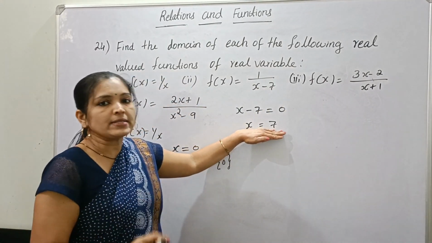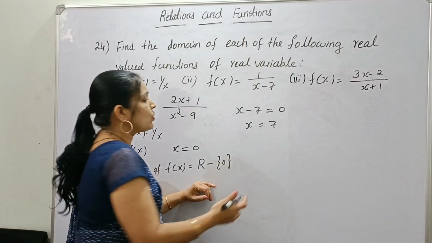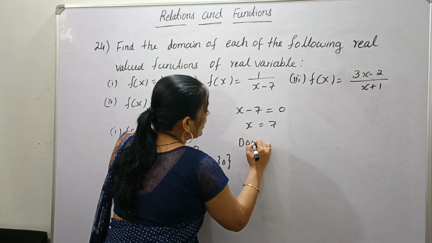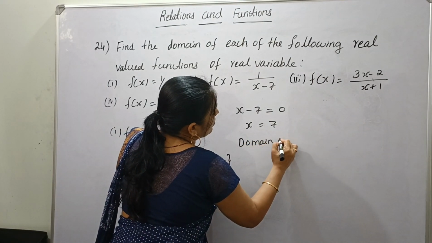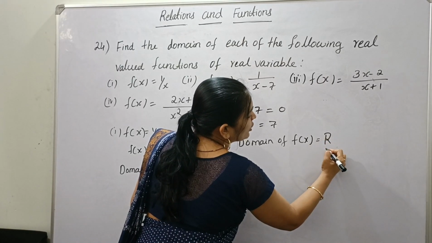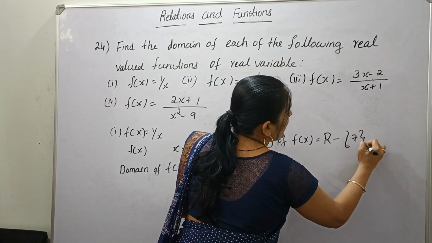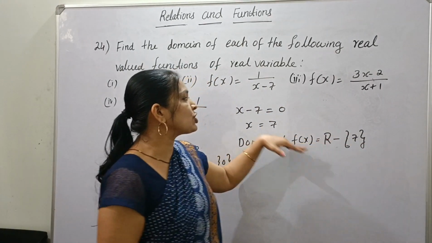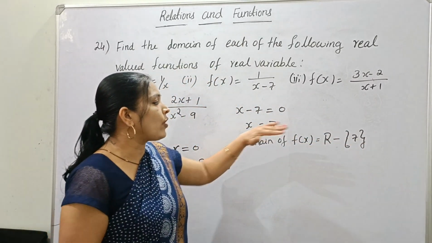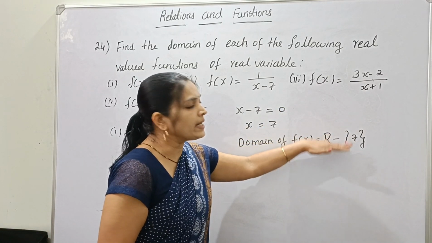So the domain of f of x is equal to the set of all real numbers minus 7.